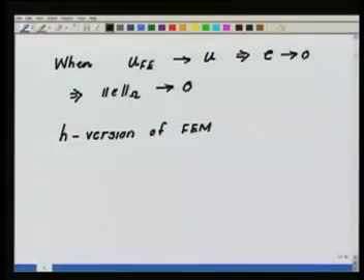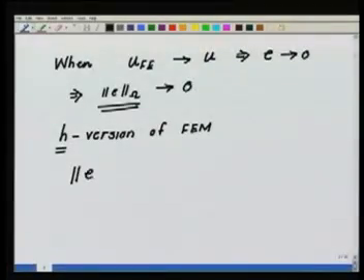Obviously, if the mesh is getting refined, we would like to have a measure of this energy norm of the error as a function of h, the mesh size, and we expect that as h goes to 0, this should also go to 0. At what rate? In the 1D case, we had some rate. Let us see what we have here.